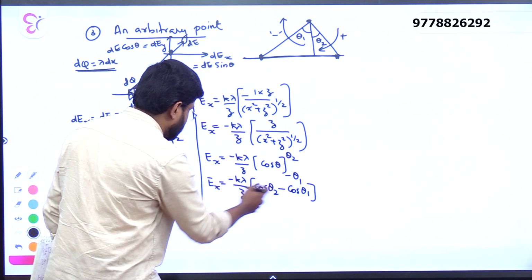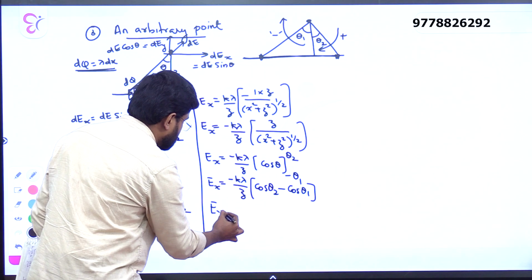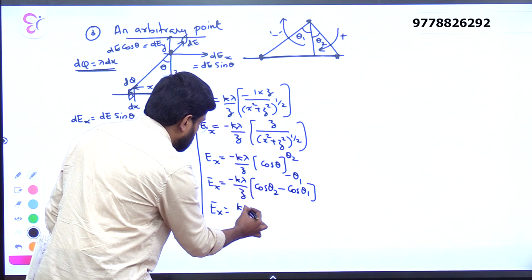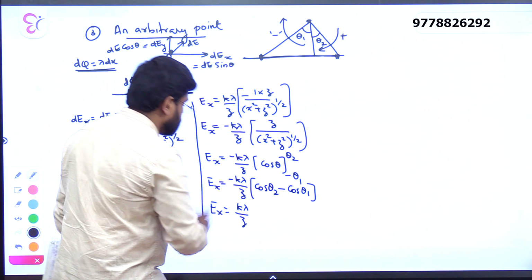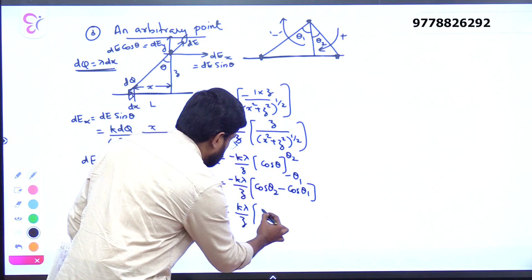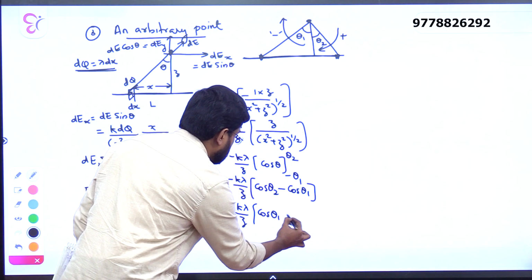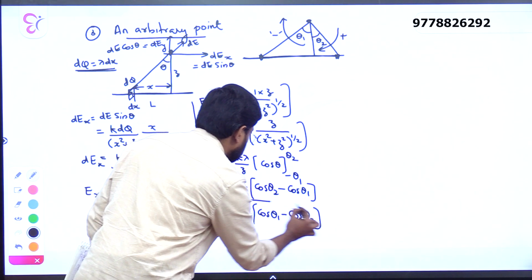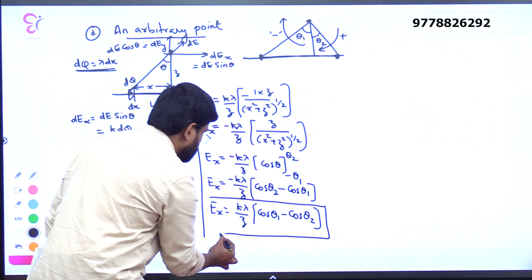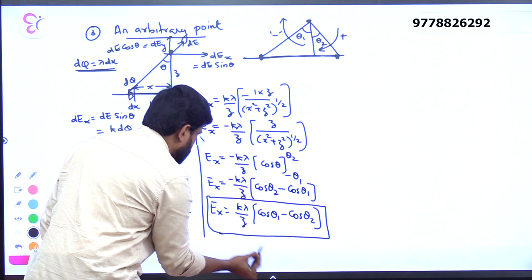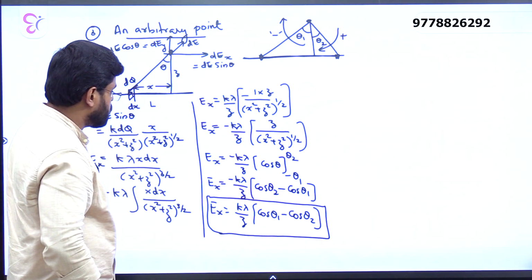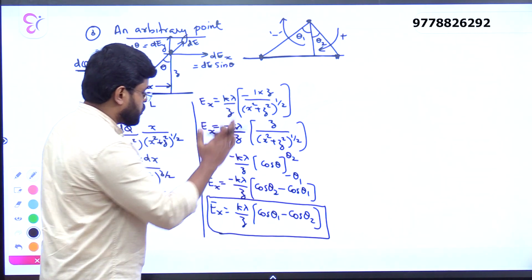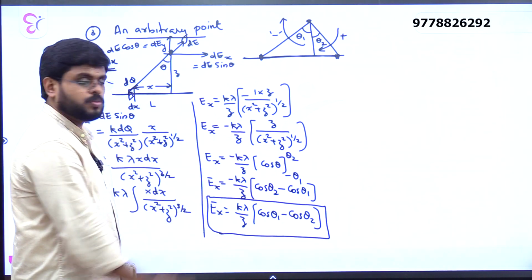If you take this negative inside, you get Ex is equal to k lambda by z into cos theta 1 minus cos theta 2. So you got the x component of electric field Ex is equal to k lambda by z into cos theta 1 minus cos theta 2.